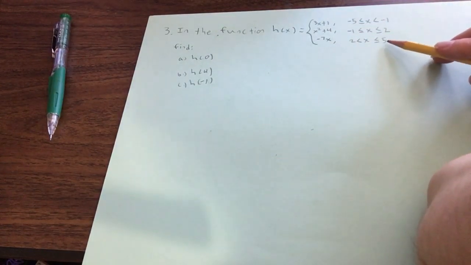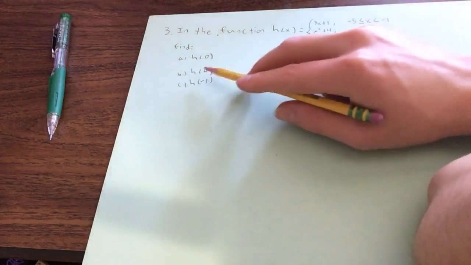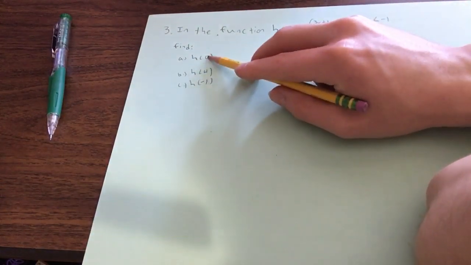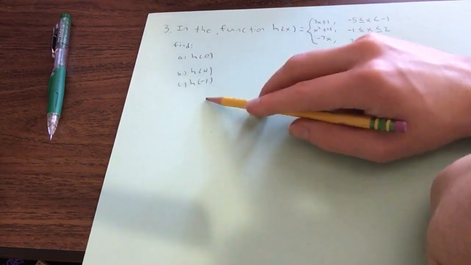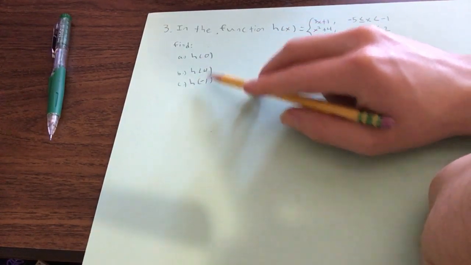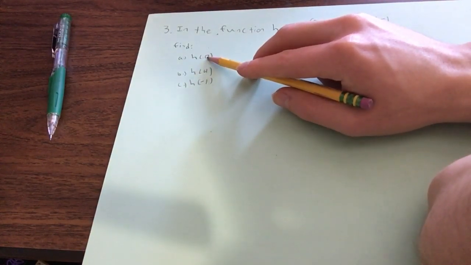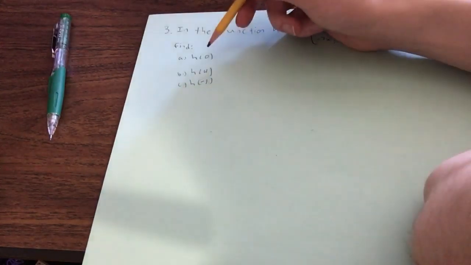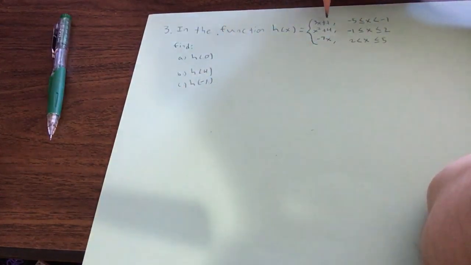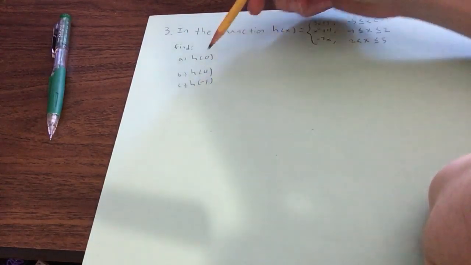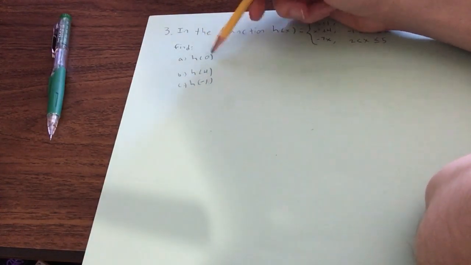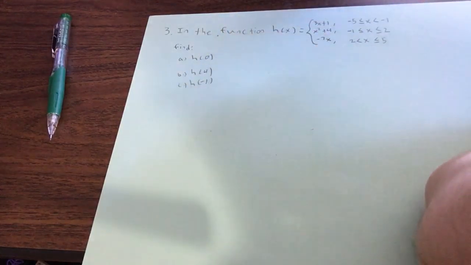So h of x, you might guess that these numbers 0, 4, and negative 1 are the x values. All you need to do is find where the domain is for each x value. Which equation are you plugging this number into? So h of 0 is the function for whenever x is 0.